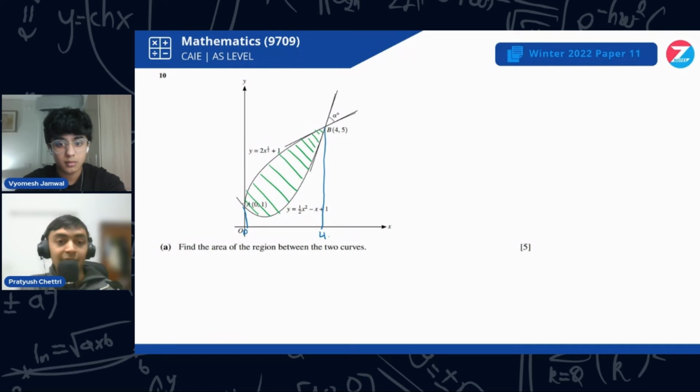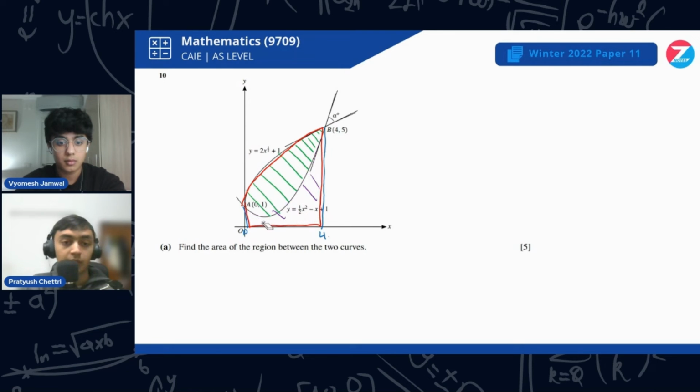What it looks like is from the above curve, I can subtract the lower curve. That's a horrible color. Where'd my pen go? Subtract the bottom one, which looks like that. So from that red outline, I can subtract the purple outline.